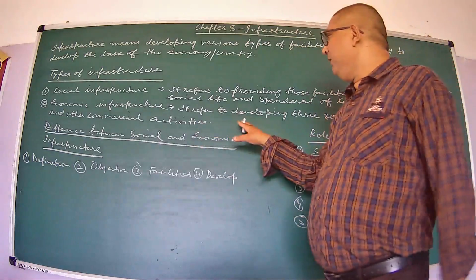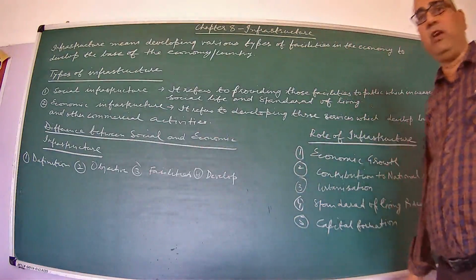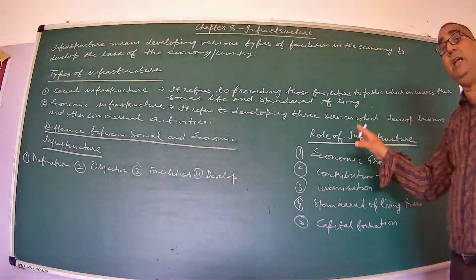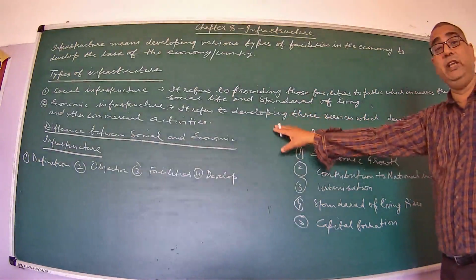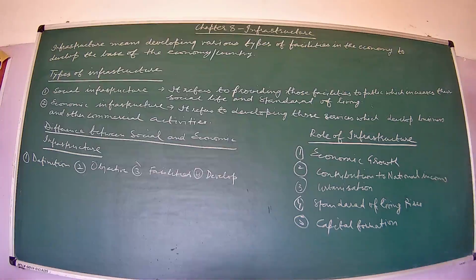Economic infrastructure is related with the development of those services which develop commercial and business activities, and these activities are very important because the employment rate depends on them, right? So these services should be developed totally.